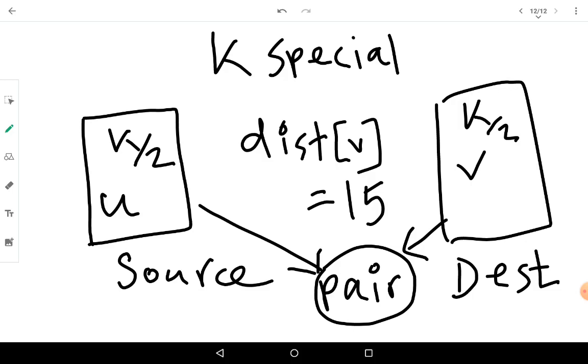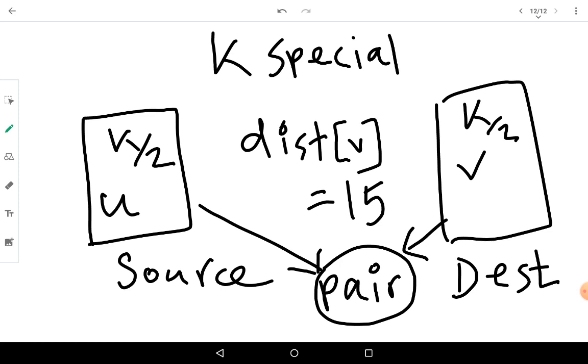Each pair has a distance equal to or greater than 15, right? Why is this? Because we are keeping each of the nodes of the source set as the source of our Dijkstra, and we are finding the minimum distance for all of the nodes in the destination set.